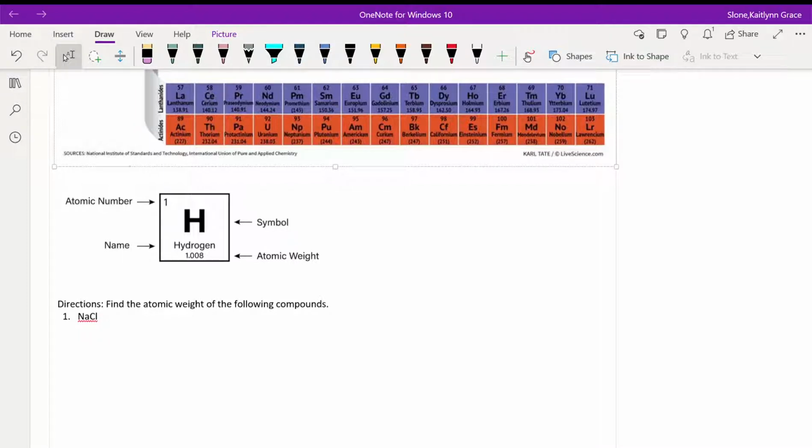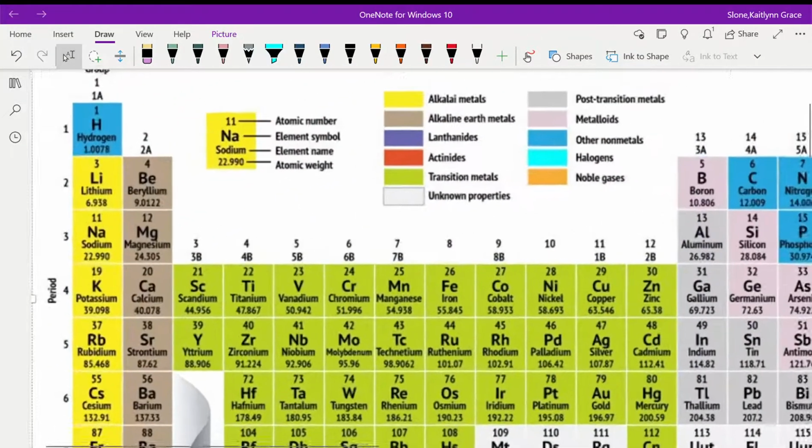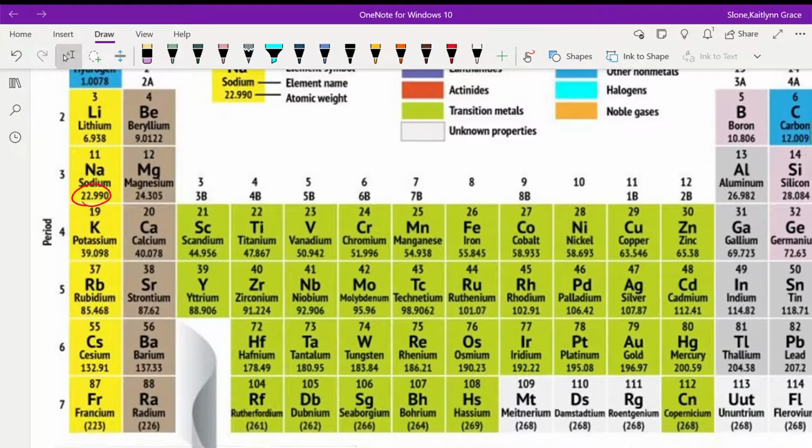It's that little bottom number. It's hard to see on this periodic table, but if you zoom in, you can kind of see sodium's is 22.990, etc. So each atom on the periodic table has an atomic weight associated with it.